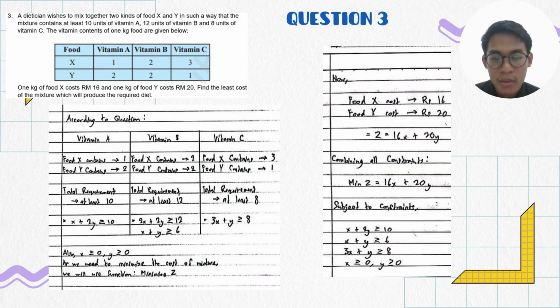We can combine all the constraints: minimize z equals 16x plus 20y, subject to the constraints x plus 2y greater than or equal to 10, next x plus y greater than or equal to 6, and 3x plus y greater than or equal to 8, and x greater than or equal to 0 and y also greater than or equal to 0.